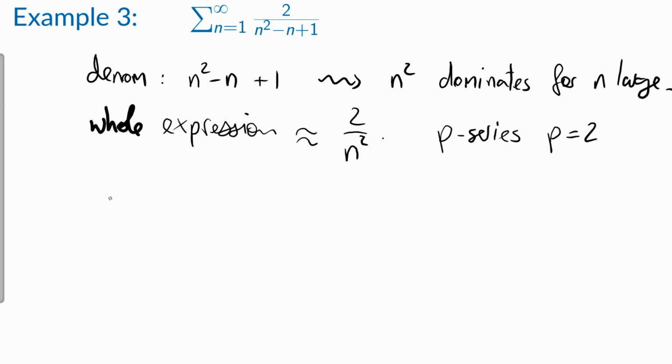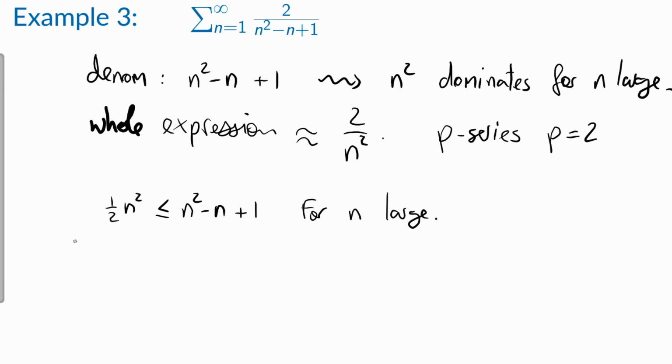And here the trick we can do is we can say that 1/2 n squared is going to be less than or equal to n squared minus n plus 1 for n large. When n gets very, very large, this n squared term is going to dominate on the right, and on the left we only have 1/2 n squared. So this inequality is going to hold for large values of n.